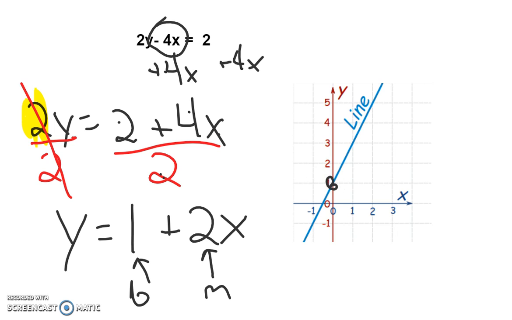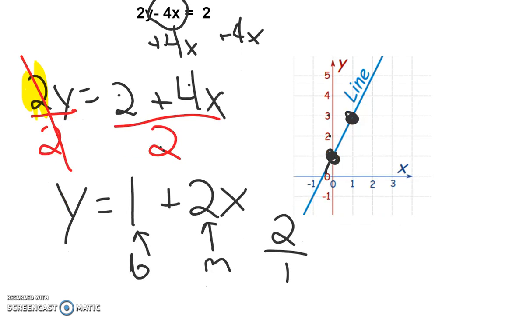So my y-intercept, which is my b value, would be positive 1. My slope would be 2 over 1, which means I'm going to go up 2 over 1. And I've got a line there that would be my line of y equals 1 plus 2x.